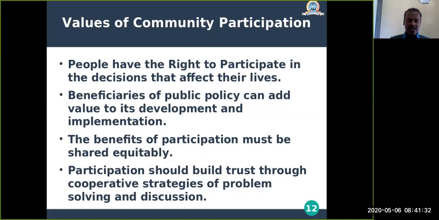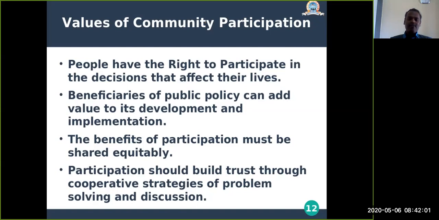Then you should consider that the beneficiaries of public policies can add value to its development and implementation. Though they are the beneficiaries of public policy, they are able to add value to your programs.